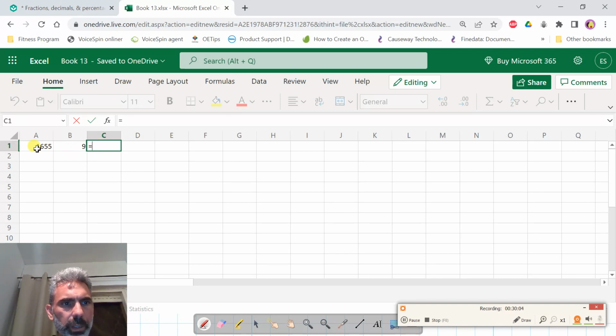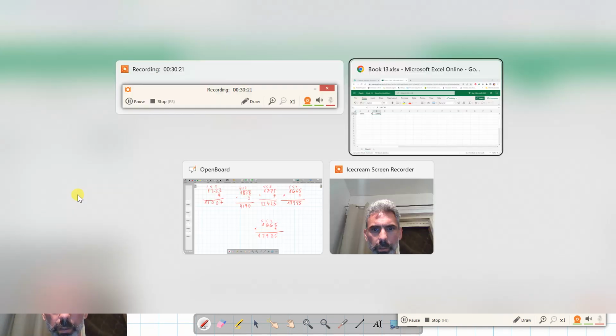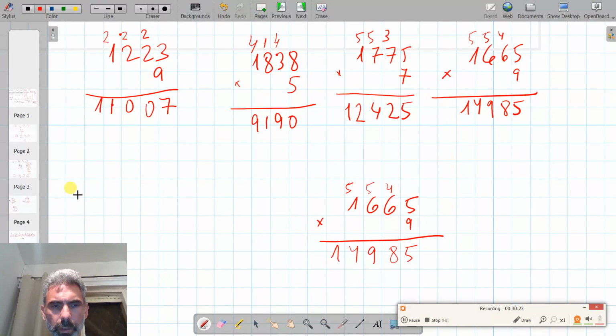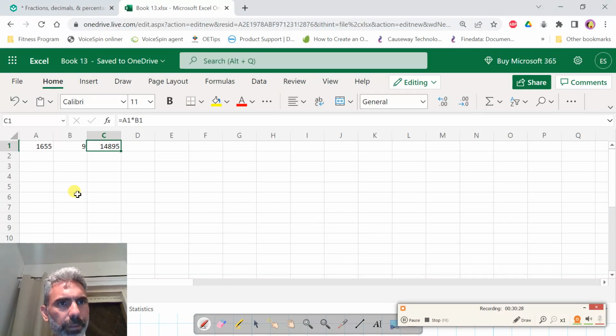So this cell multiplied by this cell gives us 14,895. So wow, how can I get it wrong? 1665. Maybe I have a mistake there.